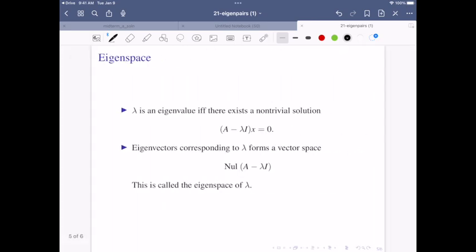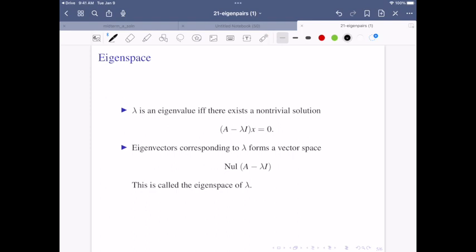All right, now we're going to introduce eigenspace. Suppose lambda is an eigenvalue. Then lambda is an eigenvalue if and only if there exists a non-trivial solution to (A minus lambda I)x equals 0. Why is that? We can look at the definition.